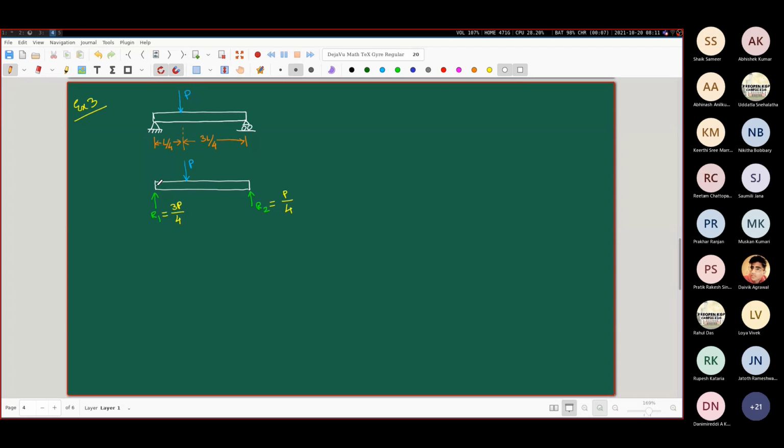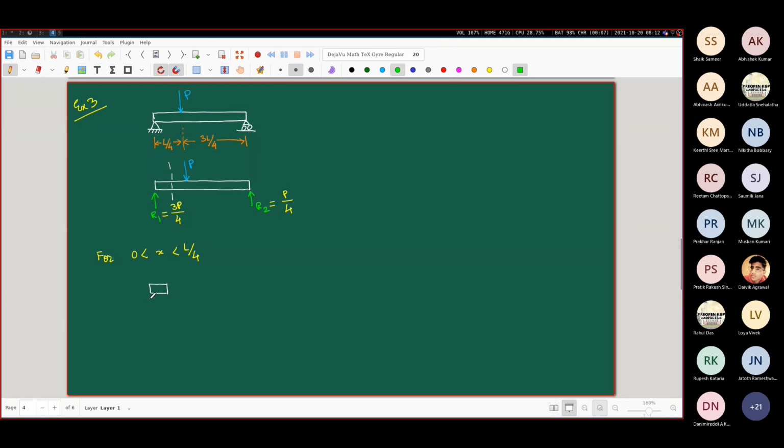So for instance, I have two cases here. One is between x equal to 0 and x equal to L by 4. So if I take a cut at some generic distance like this, the part of the beam that is going to be exposed, for 0 less than x less than L by 4, the free body diagram of this portion of the beam on the left of this cut, it is this.